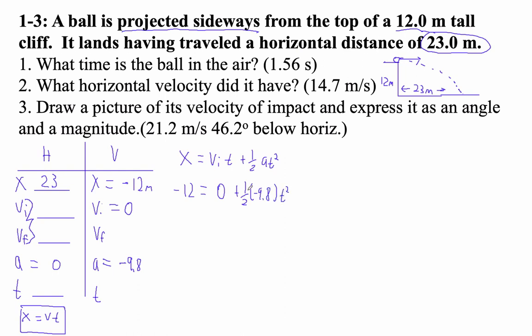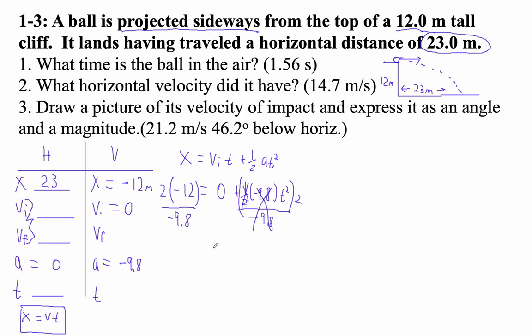Now, as it turns out, we're very bad at solving this for t. So let's just do this step by step. The first thing I'm going to do is multiply both sides by 2, and that gets rid of the 1/2. The next thing I'm going to do is divide both sides by negative 9.8. And that gets rid of the 9.8, and we end up with t squared, right?